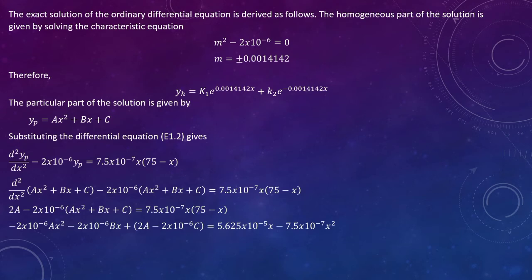Yan, kanang 5.625 times 10 raised to the power of negative 5 x kay nakuha na siya kay gi-times ang 7.5 times 10 raised to the power of negative 7x sa 75. Yan, ang kanang negative 7.5 times 10 raised to the power negative 7 x squared kay i-times pod na ang 7.5 times 10 raised to the power negative 7 sa x. So, mao na siya na x squared na siya.